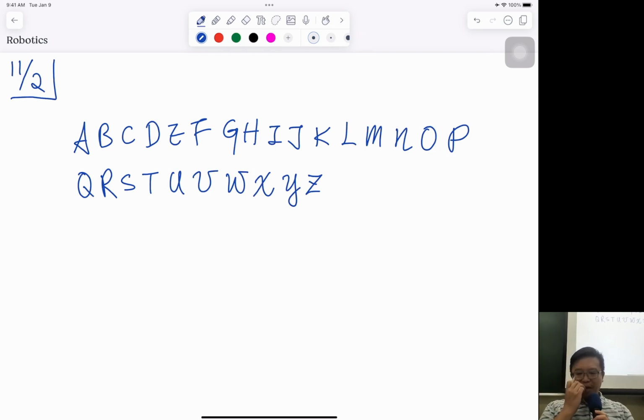So this is my handwriting of capitalized characters. They are easy to understand. Sometimes my Z looks like this. Sometimes S looks like this. Sometimes my J looks like this. Yeah, I think the capitalized ones are easier. So the small ones.